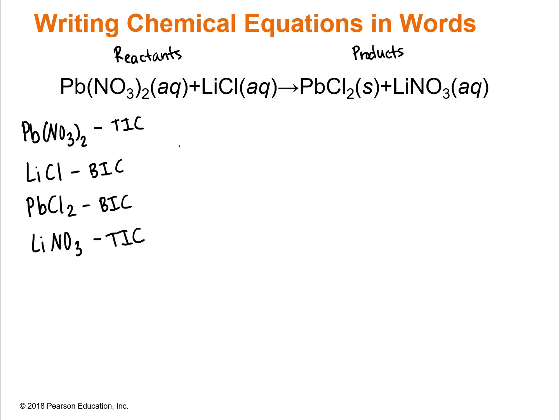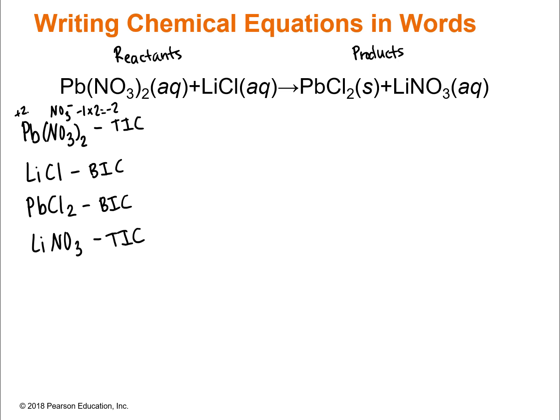For the first one, we need to figure out what the charge is on the lead, because lead can have multiple ionic charges. Using your common ions chart, you should be able to look up nitrate and see that it has a -1 charge. Since there's 2 of them, we've got a total negative charge of -2. That means our lead has to be +2.